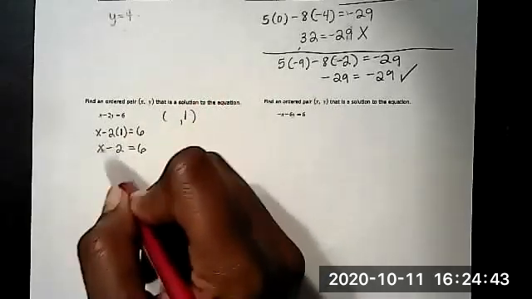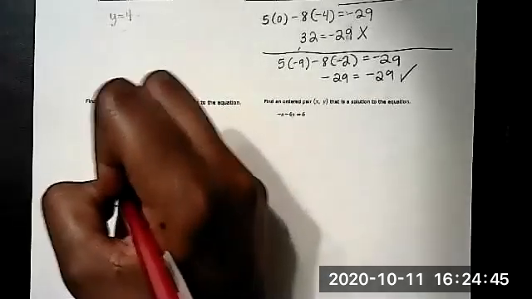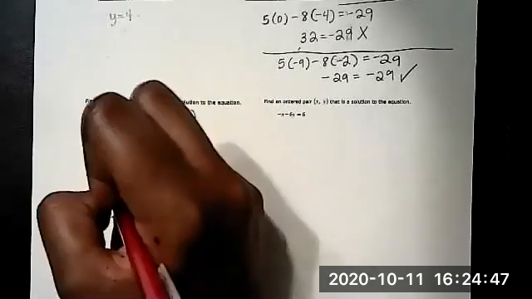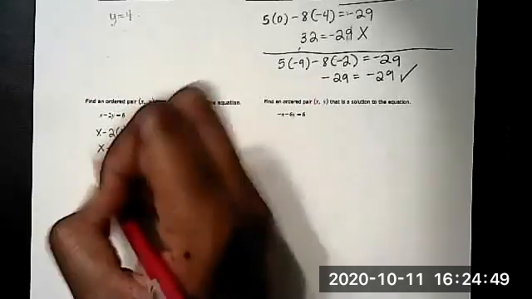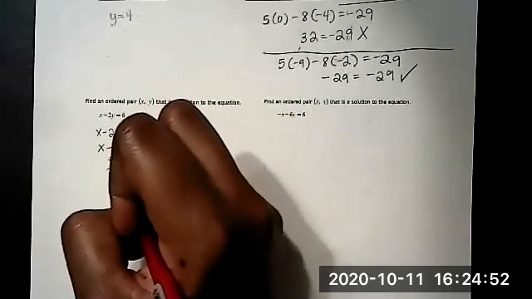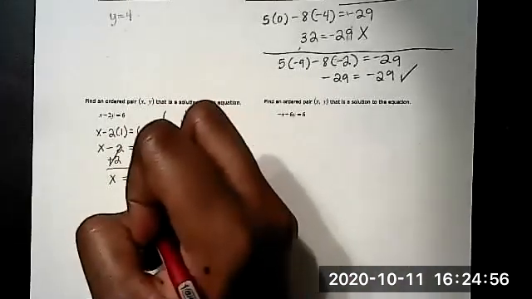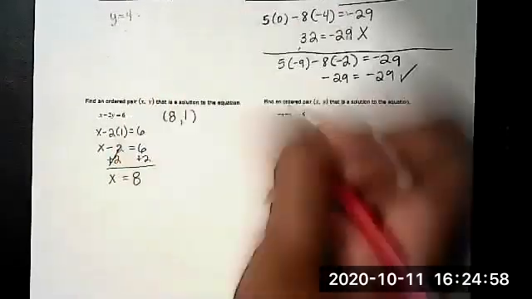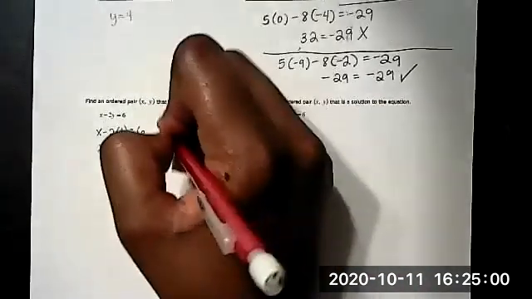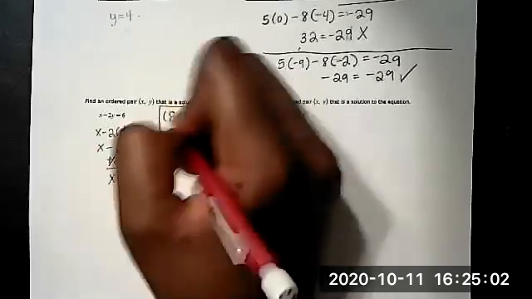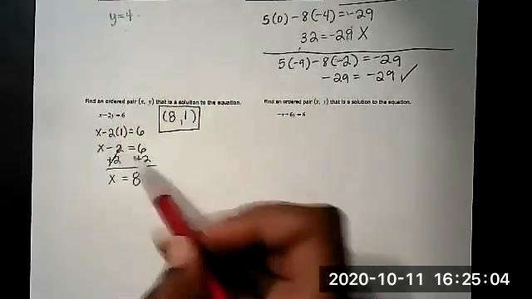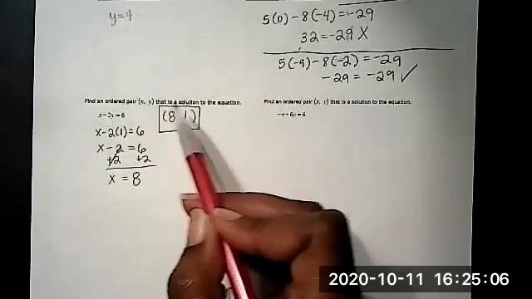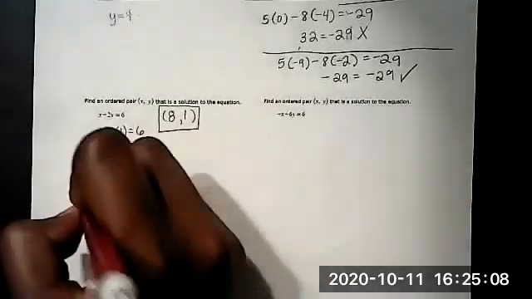In order to get x by itself, I have to add 2 to both sides. You've done equations in math 3, hopefully. So 6 plus 2 is 8. So my x value now is 8. So this is a possible point on this graph because when I put in 1, I got 8 out as my answer.